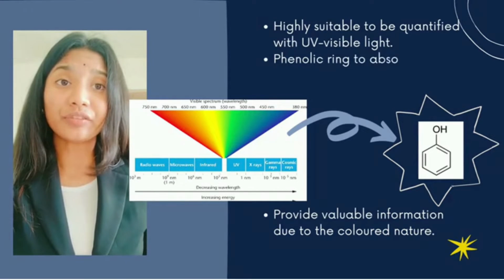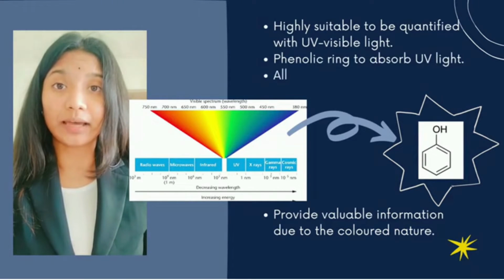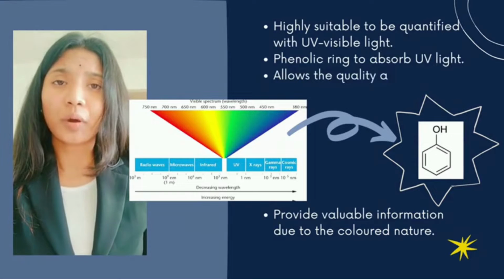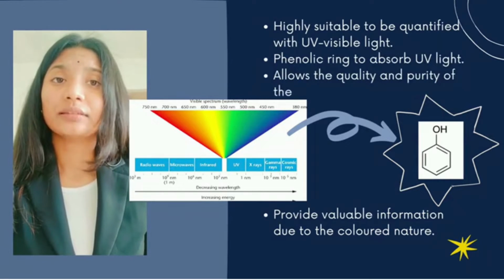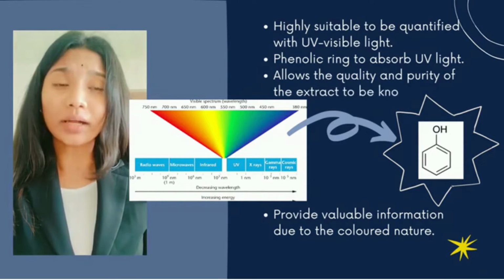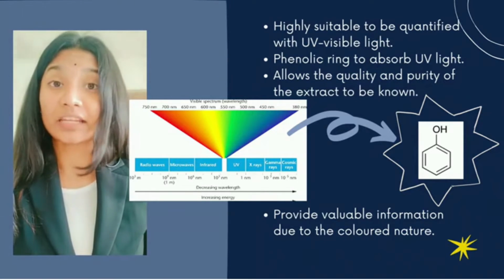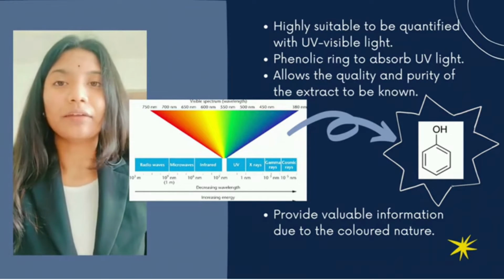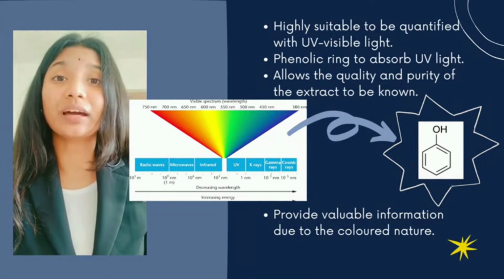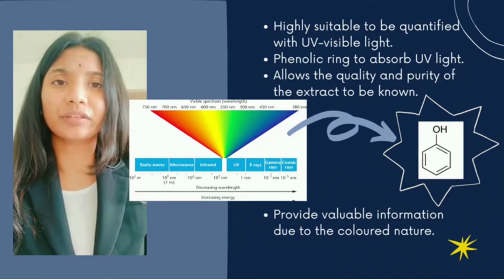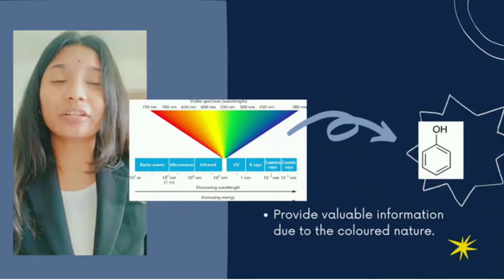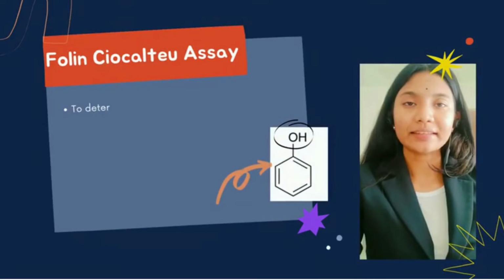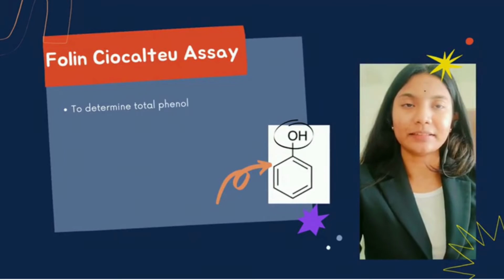The ability of the phenolic ring to absorb UV light is exploited to quantify these compounds. Thus, it allows the quality and purity of the extract to be known. In addition to this, visible light can also provide valuable information due to the colored nature of some of the phenolic and carotenoid compounds. The Folin-Ciocalteu assay was applied in this analysis method.